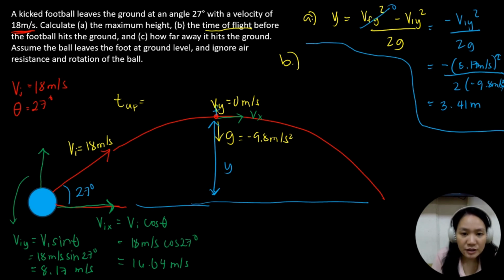The final velocity y, in the half of the trajectory, is 0 meters per second, or at the apex, there is no velocity along the y. But we have an initial velocity along the y.